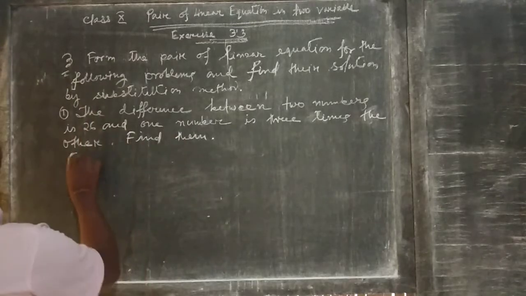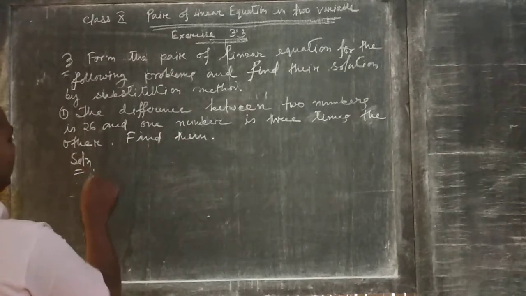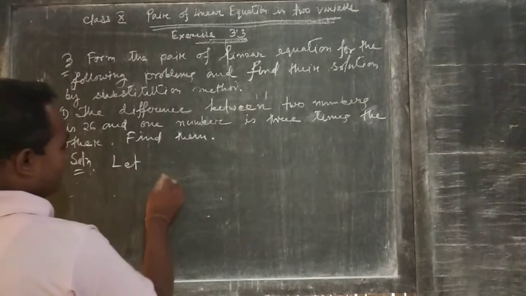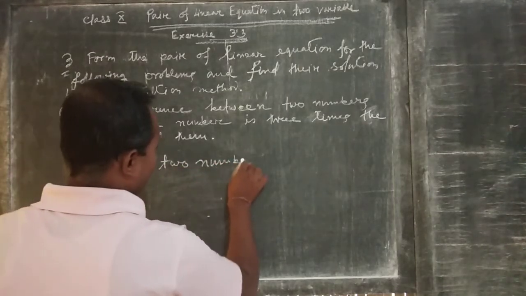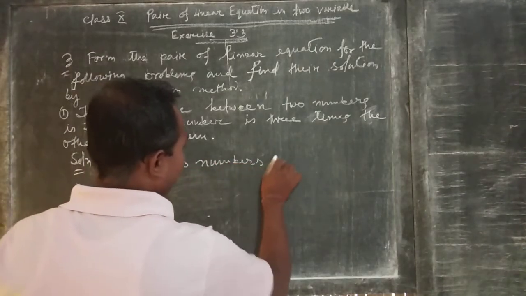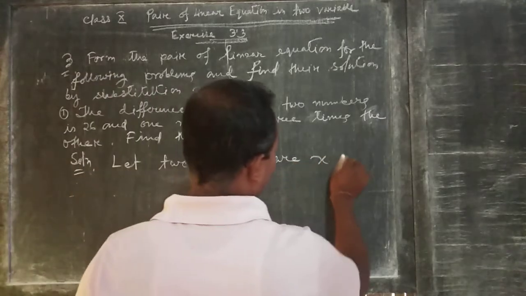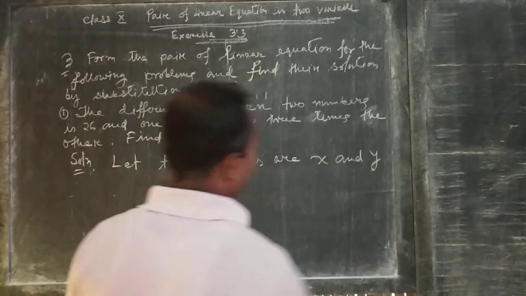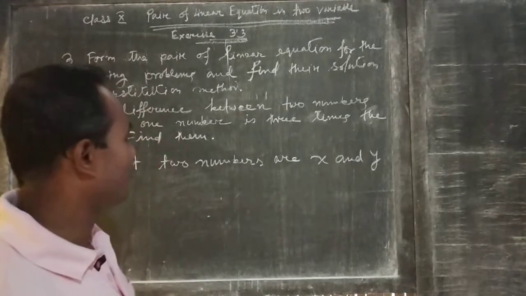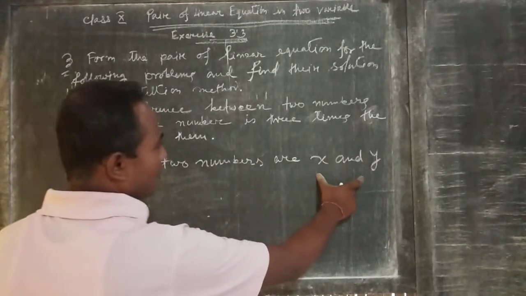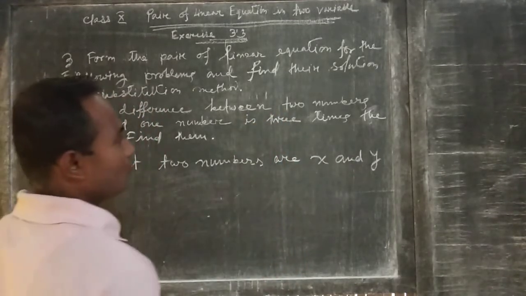Let the two numbers be x and y. For the two numbers we consider two variables x and y, and using these two variables we have to form the two equations.